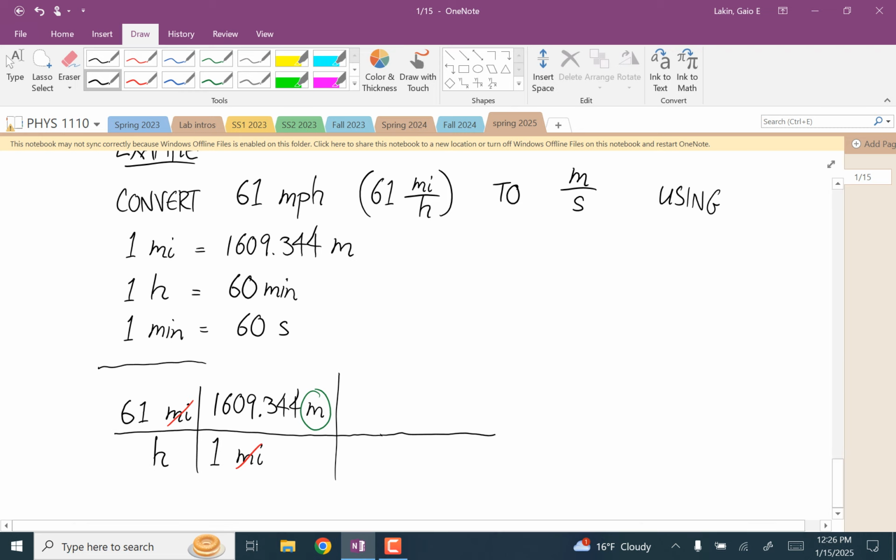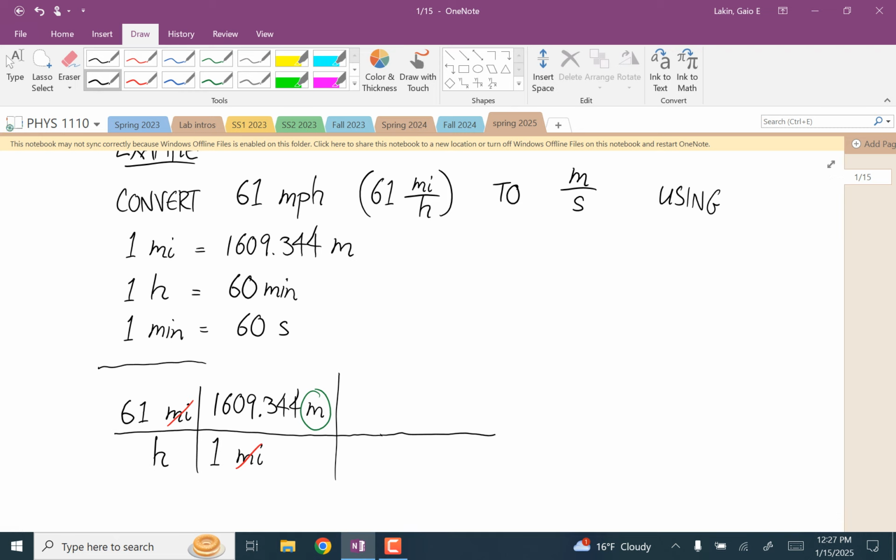Okay, so to get this hour switched over to minutes, in order to convert this hours that's in the denominator, in order to cancel that, we need to have the hours of our conversion factor, this time in the numerator, okay?